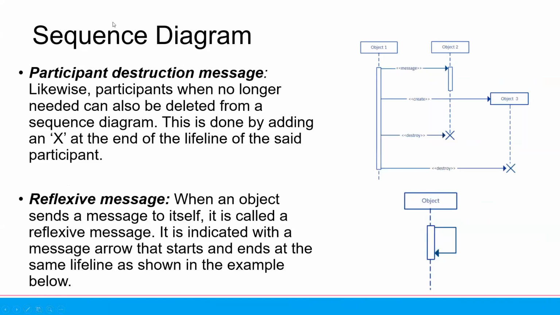In the sequence diagram, we can also send the participant destruction message. The participant destruction message means we want to delete or destroy. We do not want to continue the request again. So we call this the destruction. Participants, when no longer needed, can also be deleted from a sequence diagram.